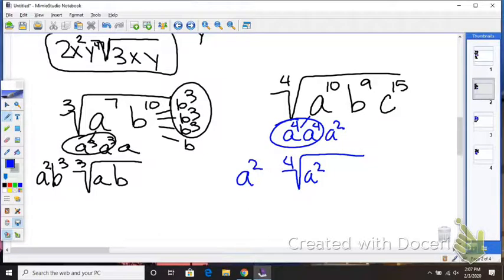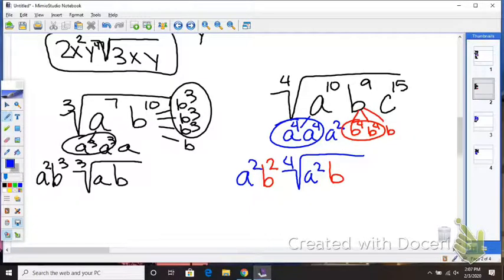Okay? Now we're going to do the same thing with b. We're going to do b to the fourth, and then just b. So I have b to the fourth, and just b. So how many b to the fourths am I taking out? Okay, 2 of them. So I take 2 out, and we have b left in the house. Then I have c.